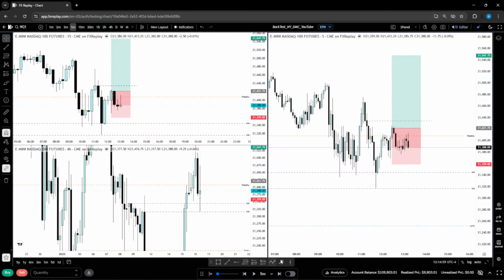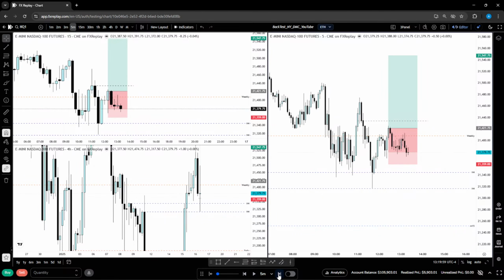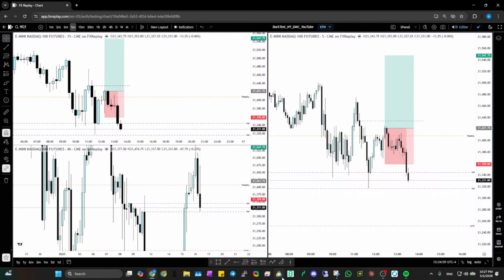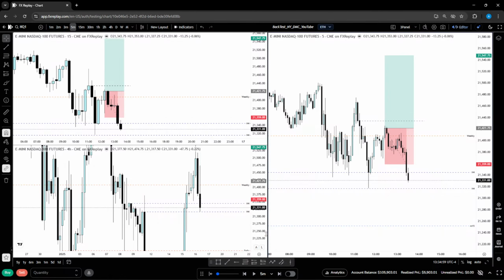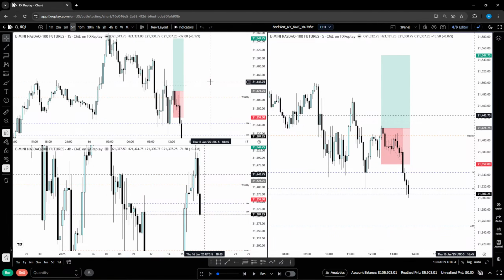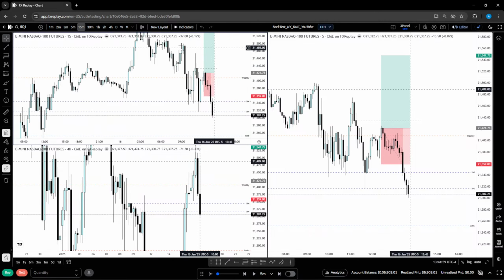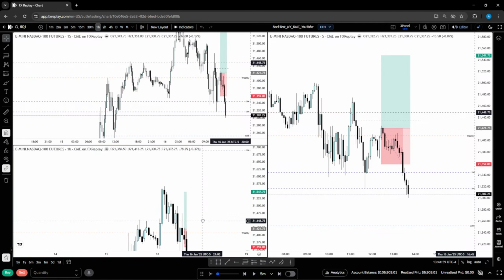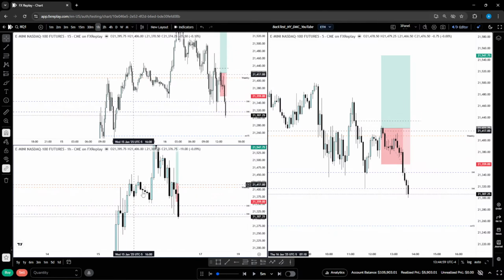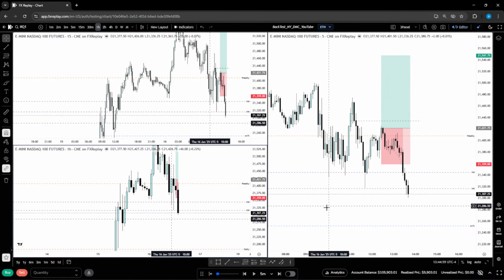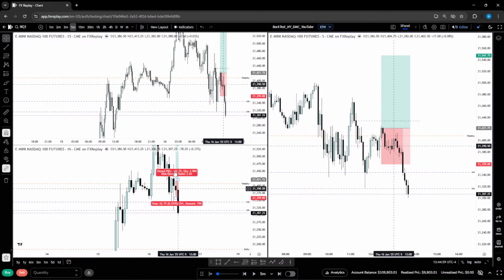We need a move up. Yeah, so we're not going higher yet. There's the last 4 hours, and then after that we are basically going lower.